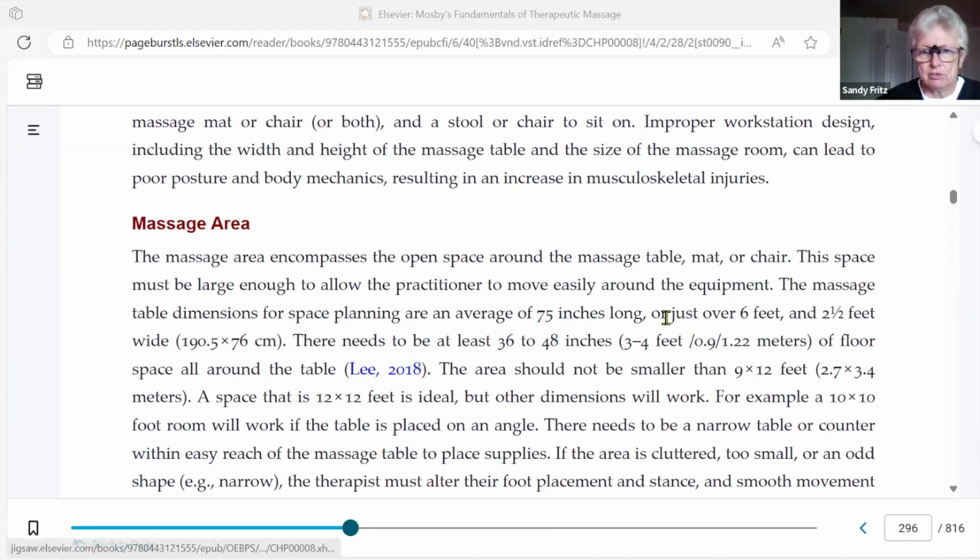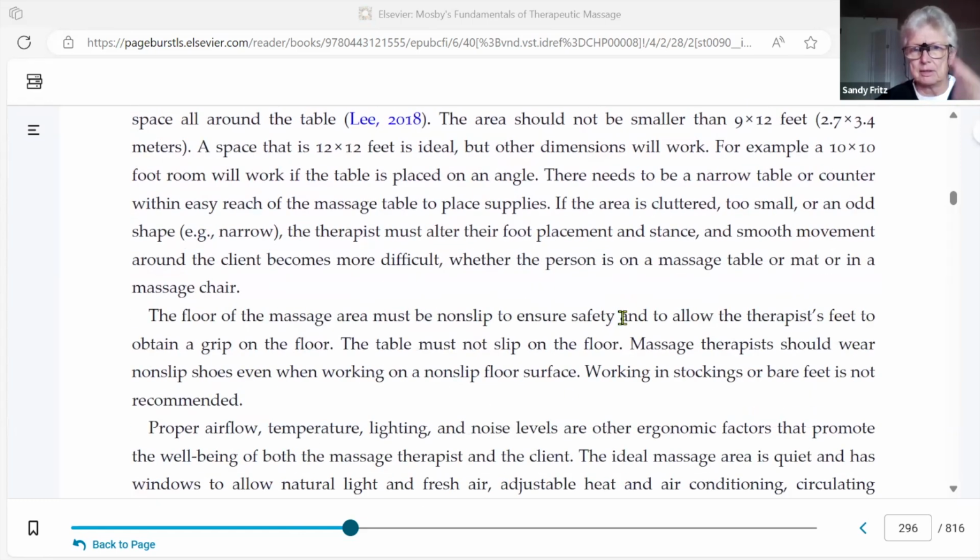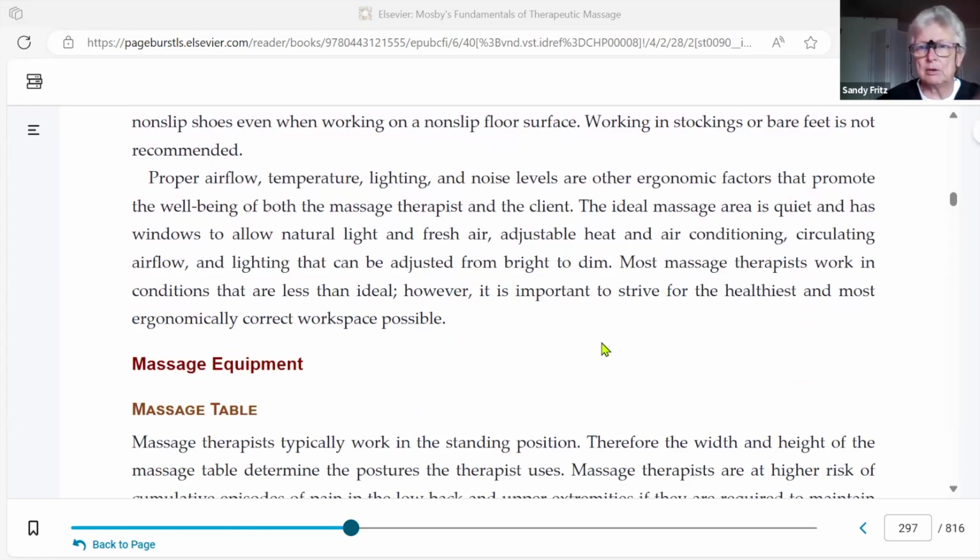So it gives you the measurements here, and if at all possible, an ideal space is around 12 by 12, but effectively you can work in a 10 by 10. The table is on an angle. That would be a condition of any kind of facility you would work in, including your own office. But when you think about being hired, what would the work environment look like?